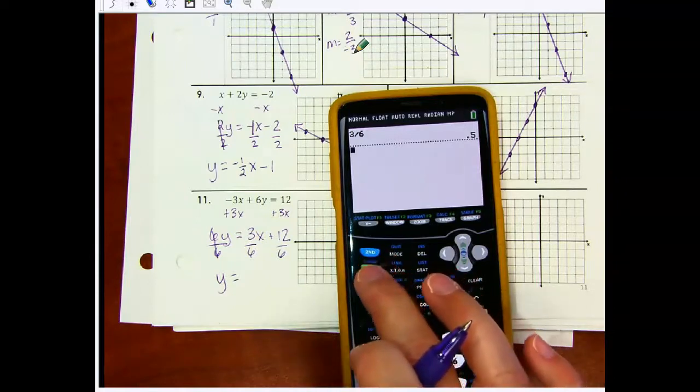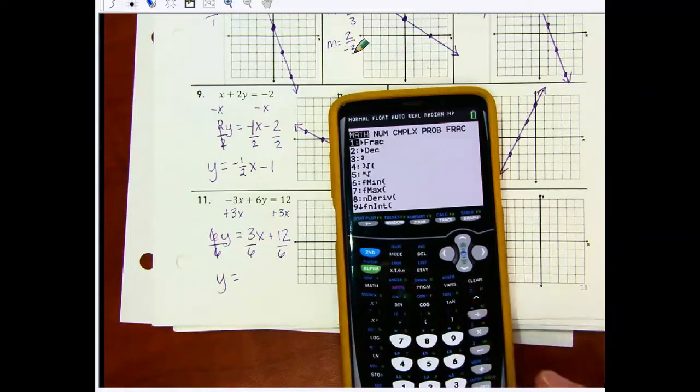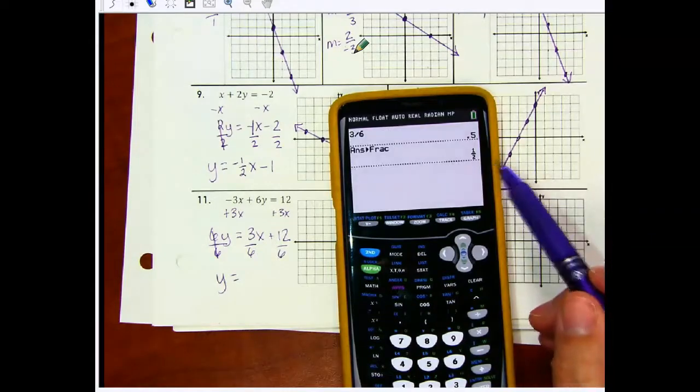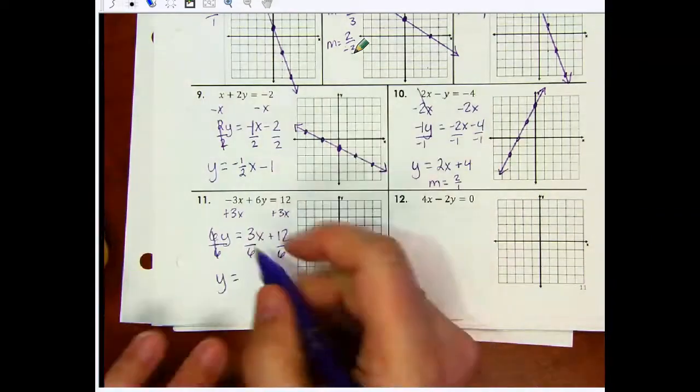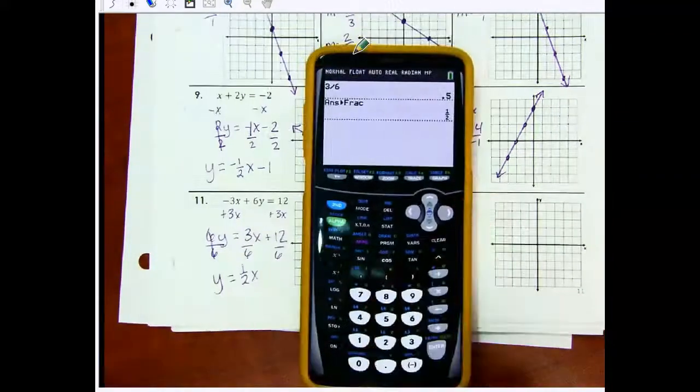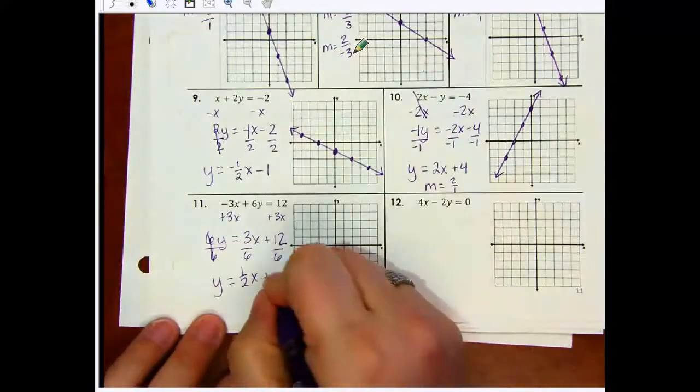So I'm going to change that by pushing math. See how it's already on fraction. Enter, enter. And that's going to tell me 0.5 actually is the fraction 1/2. So I'm going to have 1/2 x. And then 12 divided by 6 is 2. Okay, so I have plus 2.